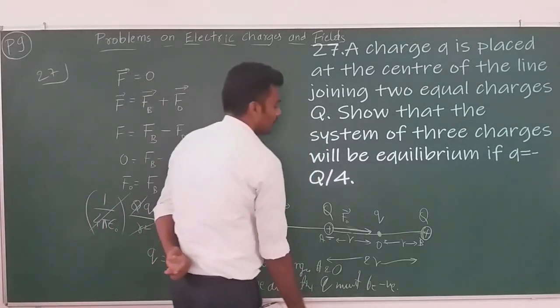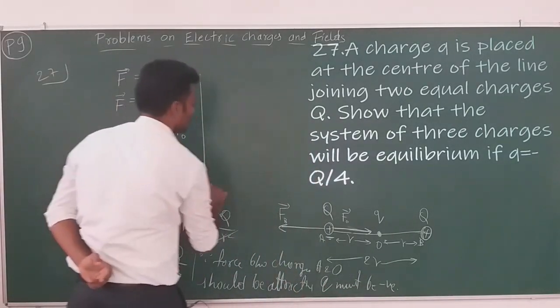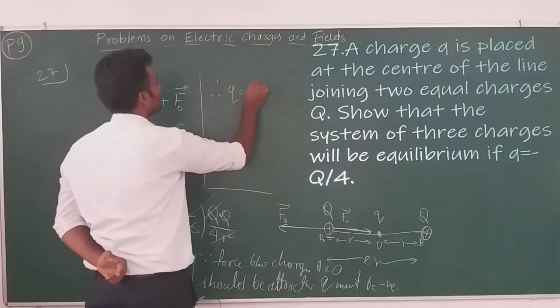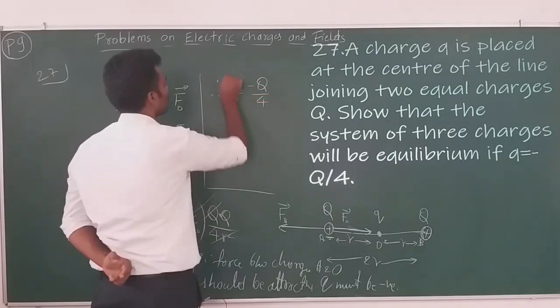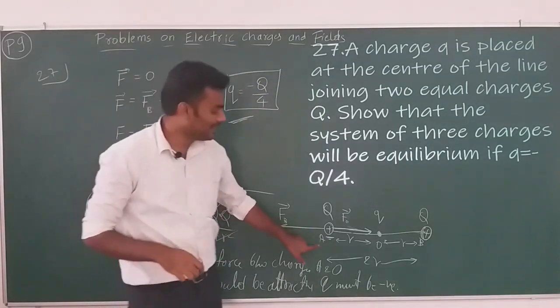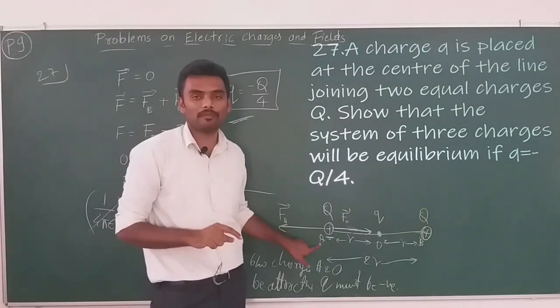Therefore, you can keep the final answer: q is equal to minus Q by 4 for the charge A to be in equilibrium.